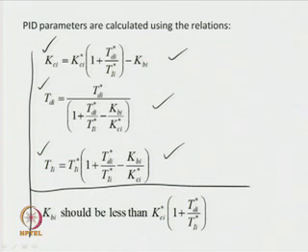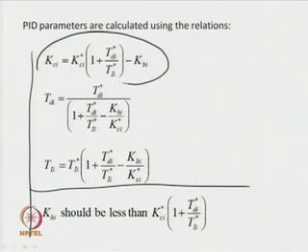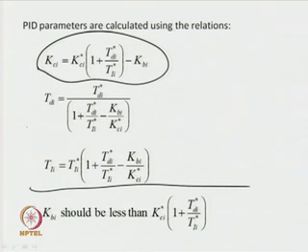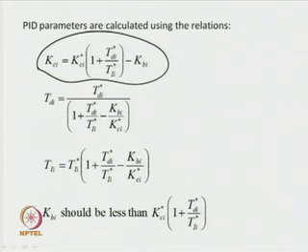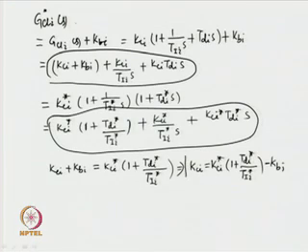The first relation gives us the expression Kci is equal to Kci star times 1 plus Tdi star upon Tii star minus Kbi. That is how we obtain the same relation.